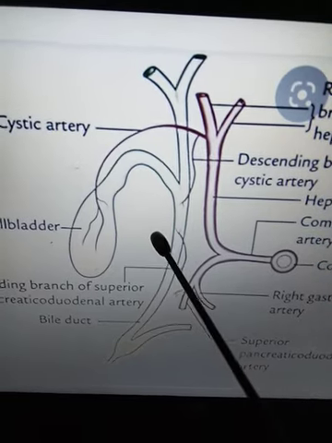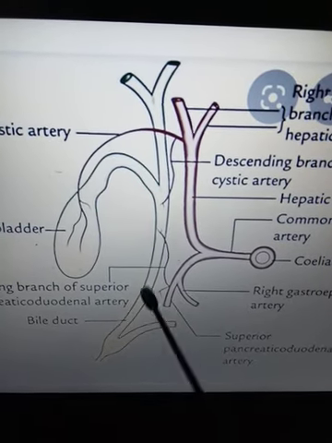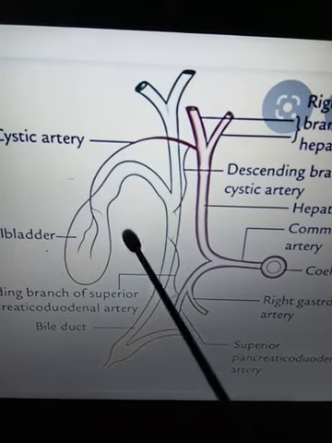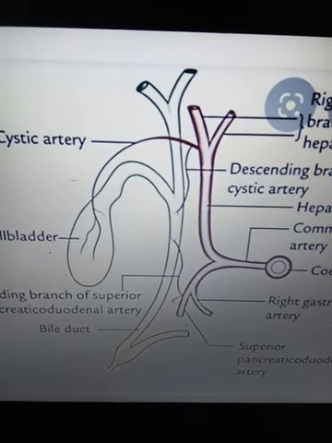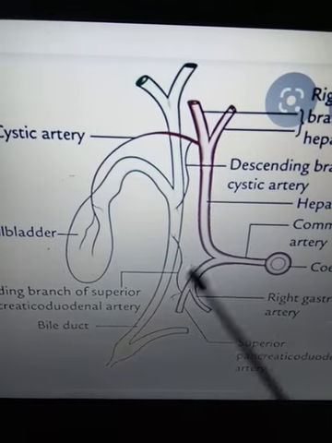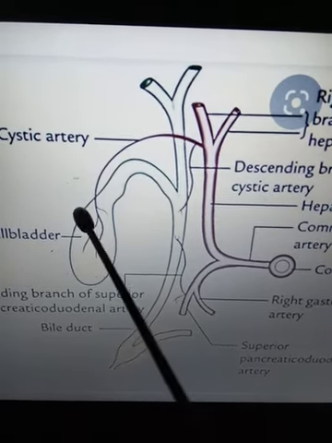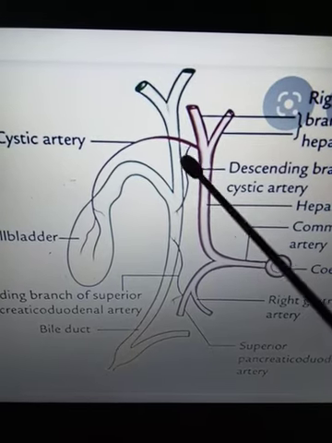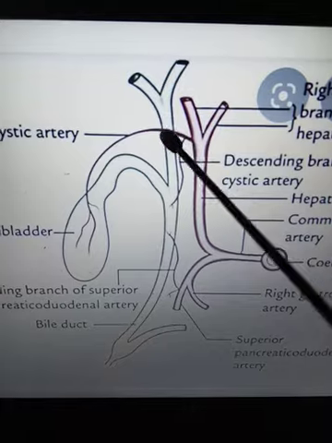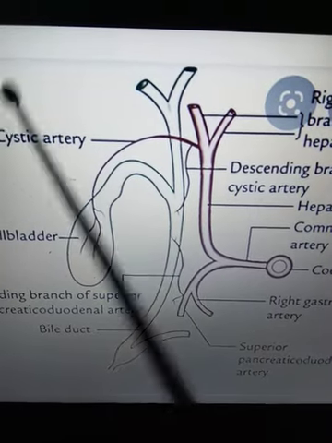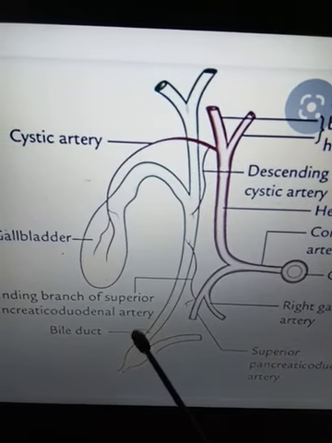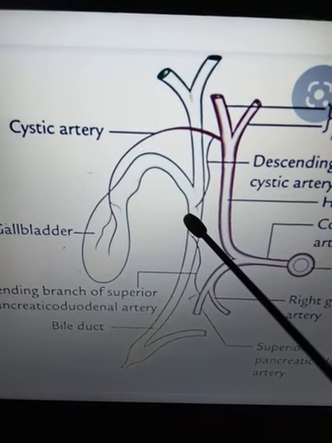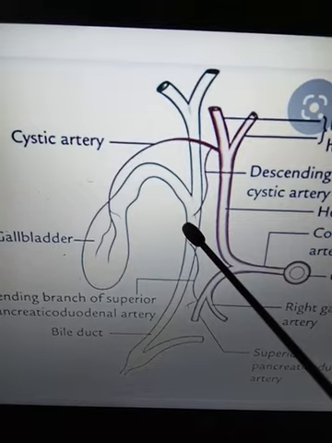The middle part has a supply from the right hepatic artery.